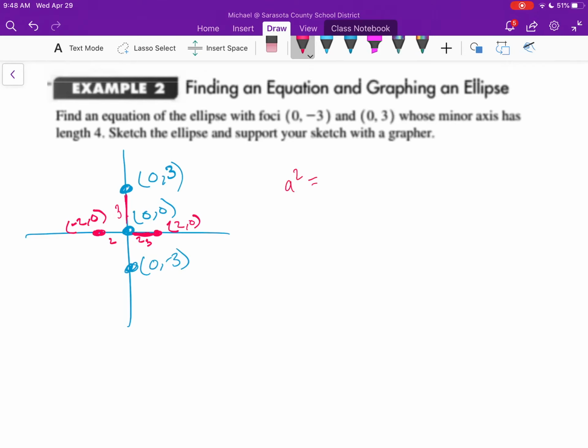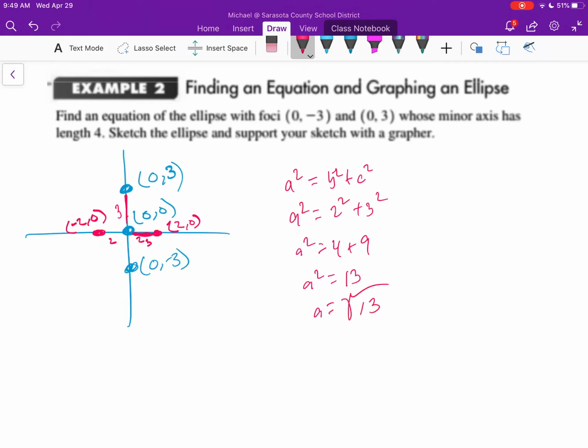I know that a squared equals b squared plus c squared, thanks to the ellipse's Pythagorean identity. So a squared is unknown, the distance from the center to the vertices, but I do know b is 2 squared and c is 3 squared. So a squared is going to be 4 plus 9, and a squared equals 13.